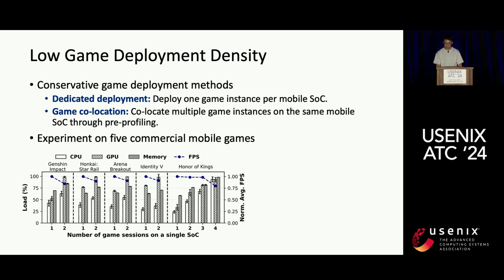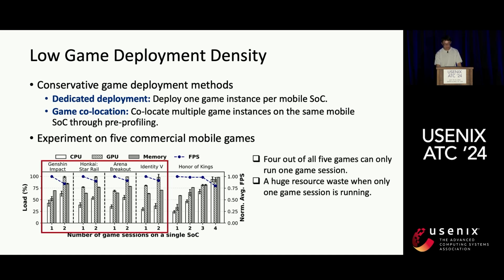We have evaluated the two methods on a single Qualcomm Snapdragon 865 SoC and report the hardware loss and game performance. As you can see in the figure, among the 5 evaluated games, 4 can support only one game session per SoC, as collocating more instances will downgrade the game performance.